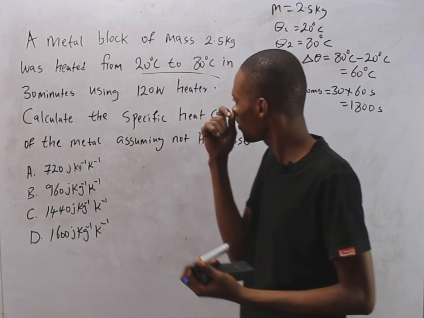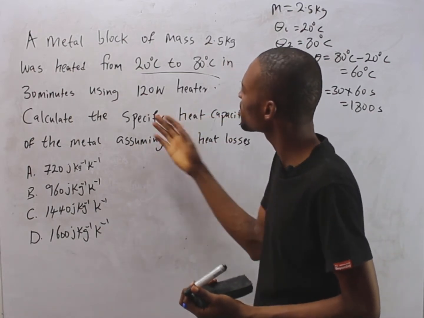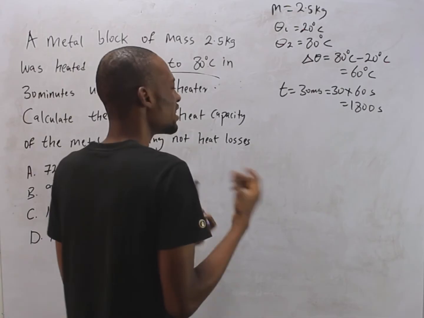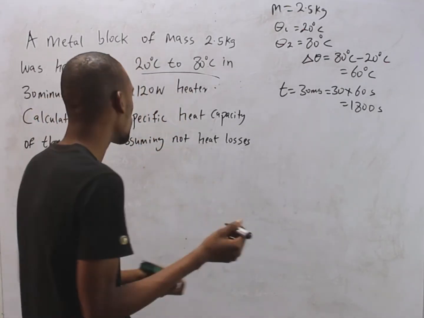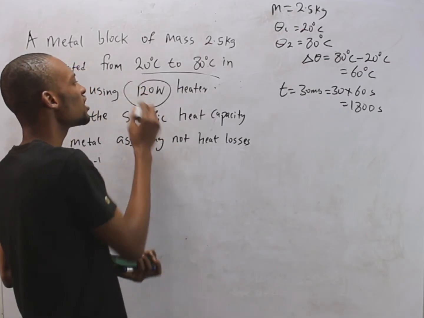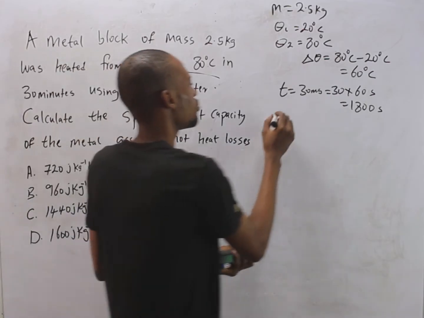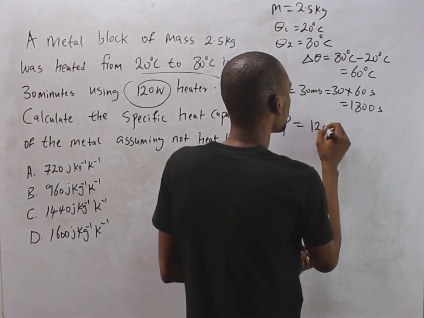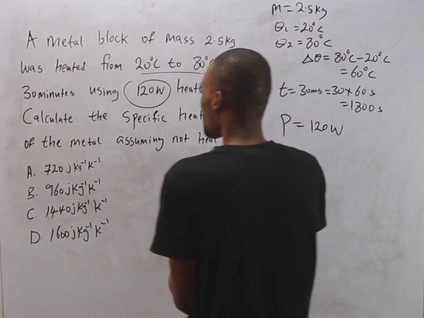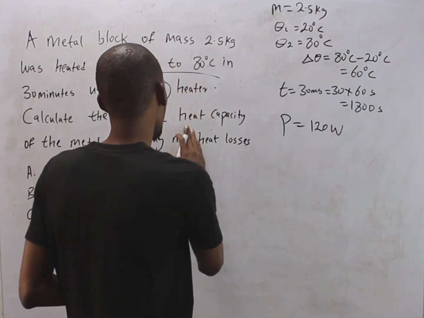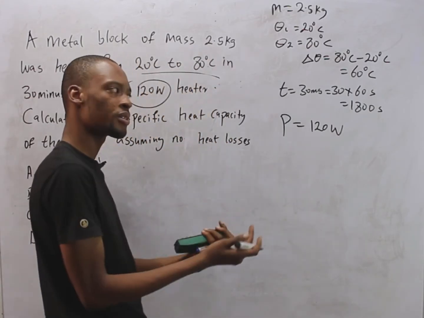And it says using a 120 watt heater. A heater was used and the power of the heater in question is 120 watts. So P equals 120 watts. Calculate the specific heat capacity of the metal, assuming no heat losses.